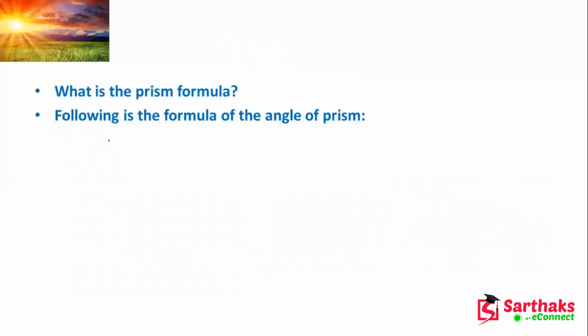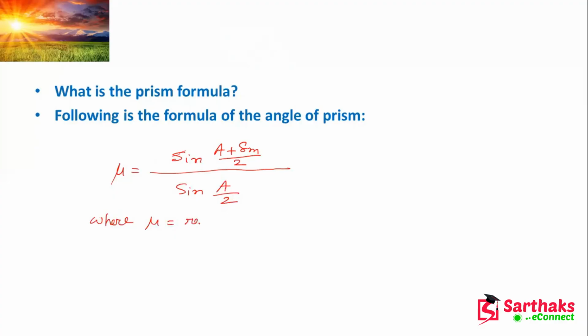Now, what is the prism formula? Mu equals sine of (A plus delta m) divided by 2, divided by sine of A divided by 2, where mu is the refractive index, A is the angle of prism, and delta m is the minimum deviation.